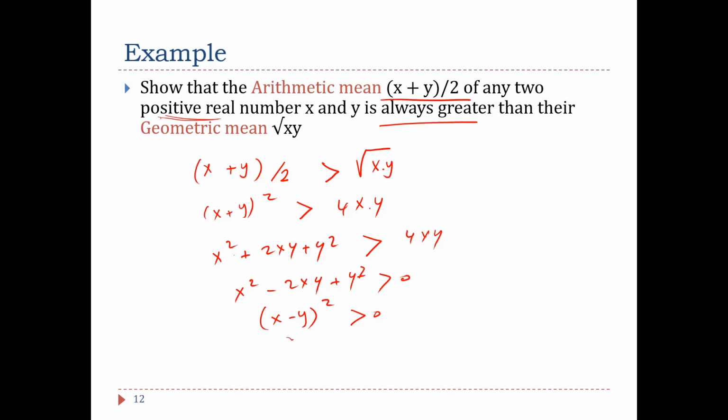And now you see something that you can really jump to from the premise that you have, from the only fact that you have about x and y, namely that they are both positive real numbers.